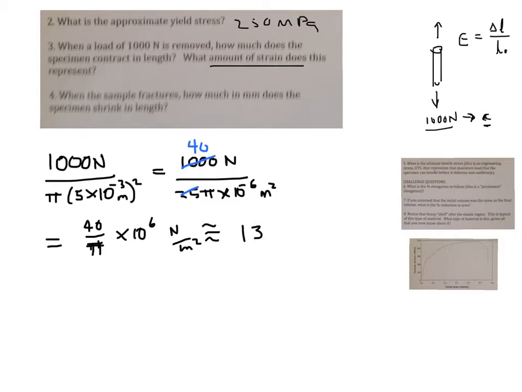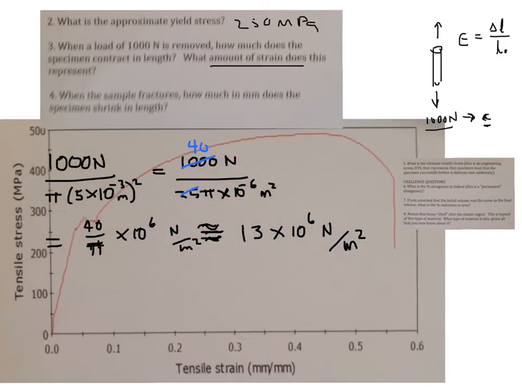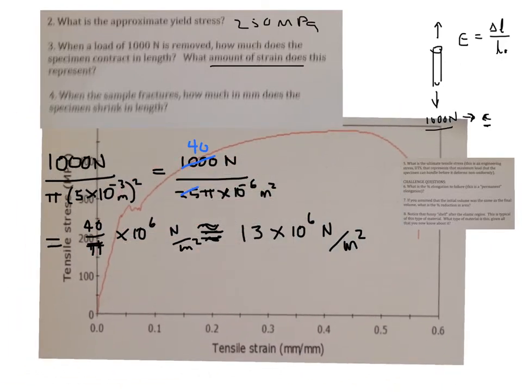We're going to call it 13. It's more than 10. So it's about 13 times 10 to the 6th newtons per meter squared. So if we look at this graph now, 13 megapascals, we can see that 13 is somewhere down here. So we know it's in the elastic regime.